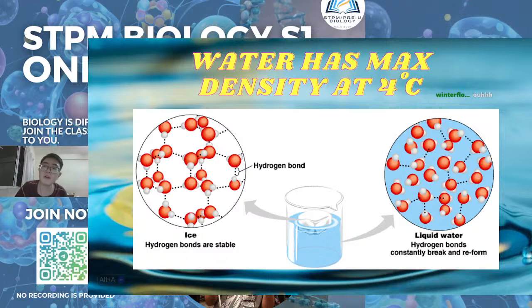Why 0? Because normally at 0 degrees Celsius, the solid will be formed. Right, solid will be formed normally. But at or below 0 degrees Celsius normally is maximum density. But for water, it is very special. It occurs at 4 degrees Celsius. Why? Because of hydrogen bond again. All of this property, why does it occur?